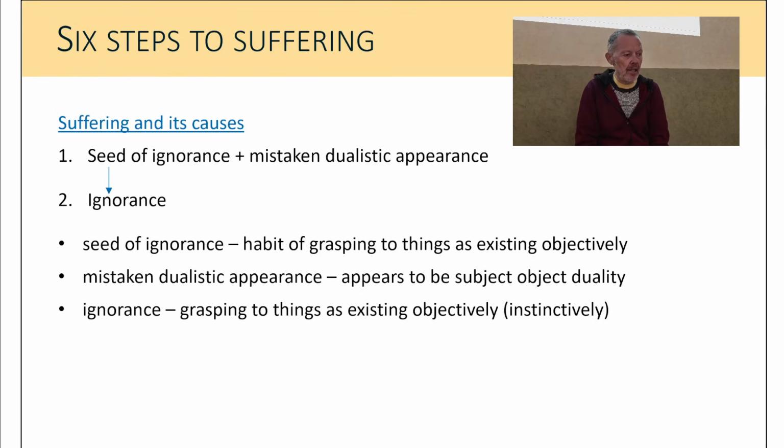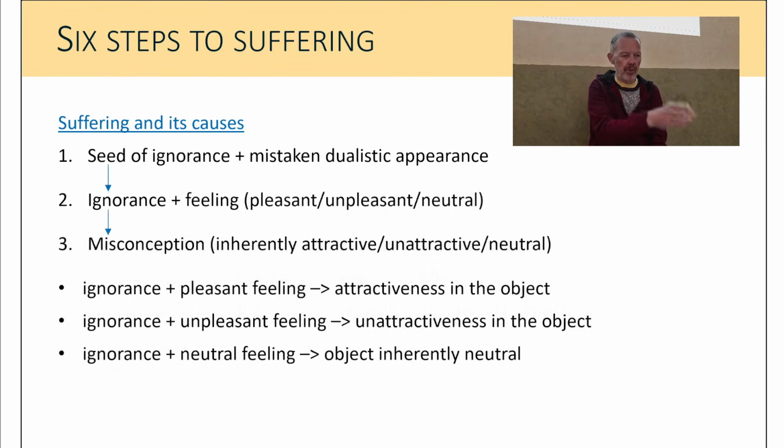And Vedana is simply experiencing things as either pleasant, unpleasant, or neutral. And we can do that either mentally or physically. So often when we talk about physical experience, instead of feeling, it's translated as sensation. Pleasant, unpleasant, neutral sensation in the body, or pleasant, unpleasant feeling in the mind. So again, when you see the word feeling in Buddhism, it does not mean emotion. It's simply experiencing things as pleasant, unpleasant, or neutral.